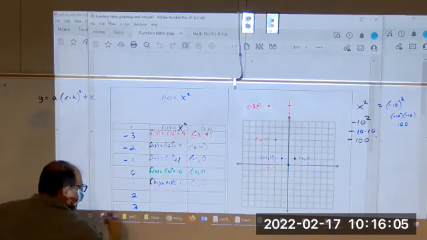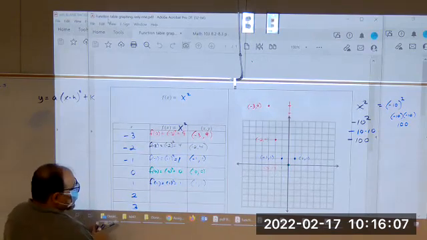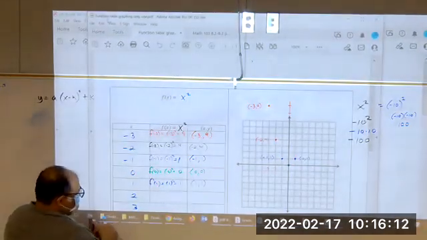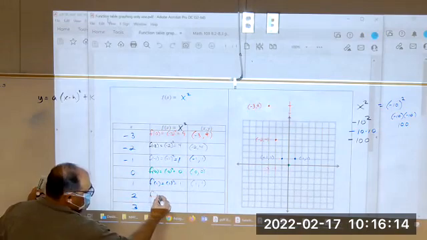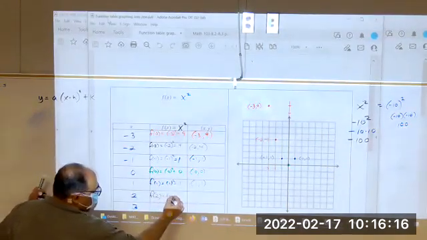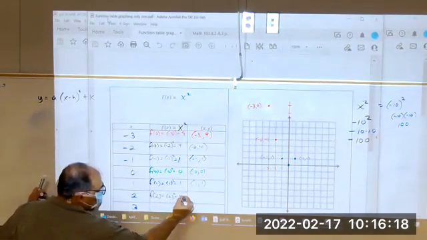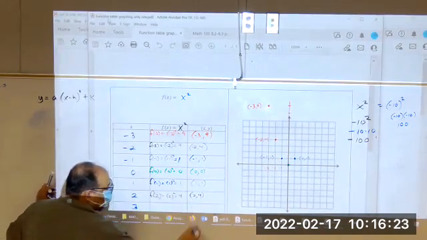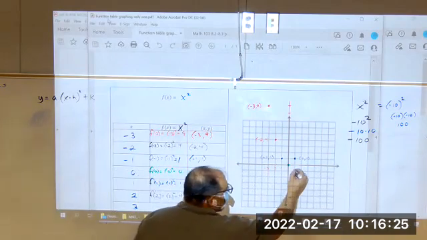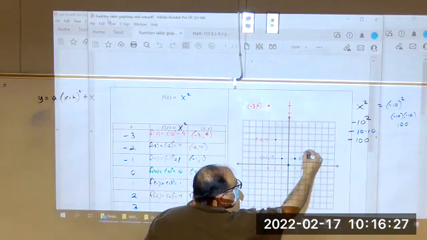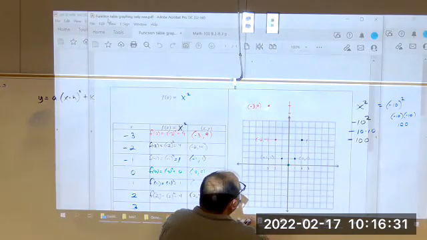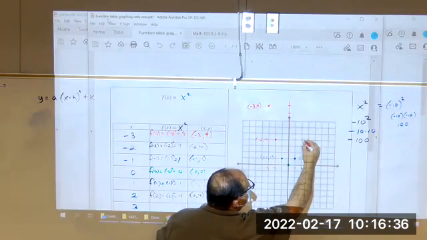So let's see what happens. 2. And that's 2 squared, which is 4. So positive 2 goes in, and we get 4. So it's right here. Red, so it's in the same column.